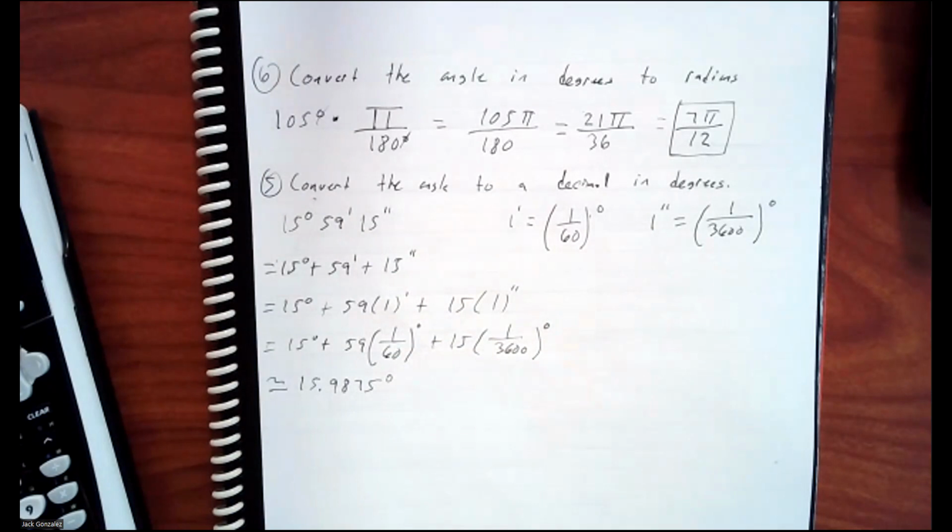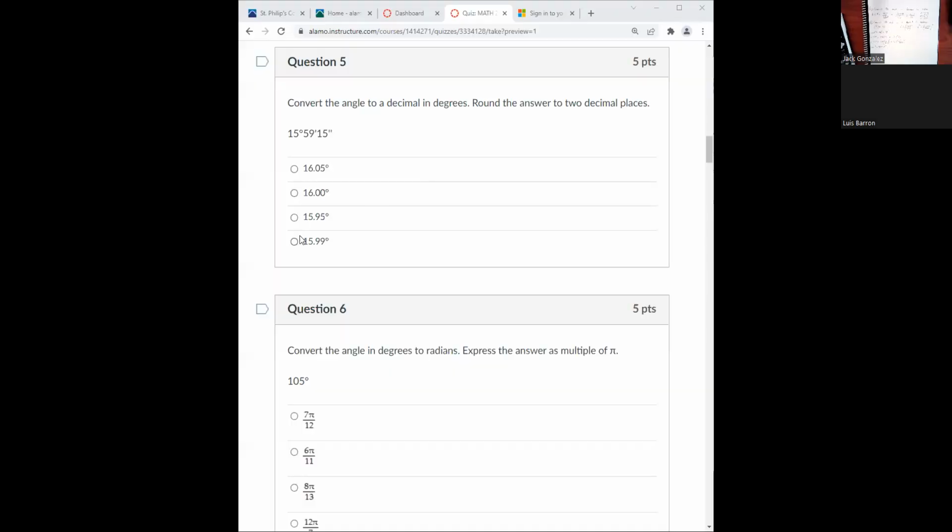I don't know what the question asked for. 2 decimal places. So we would choose D, right? 99. So yeah.